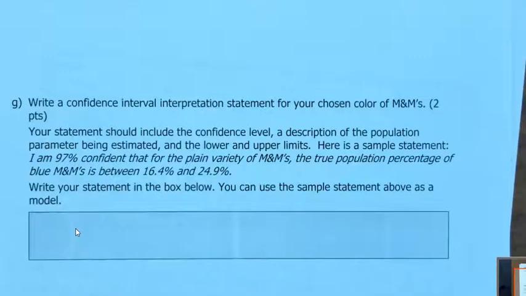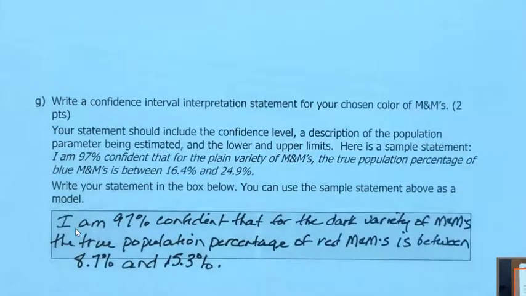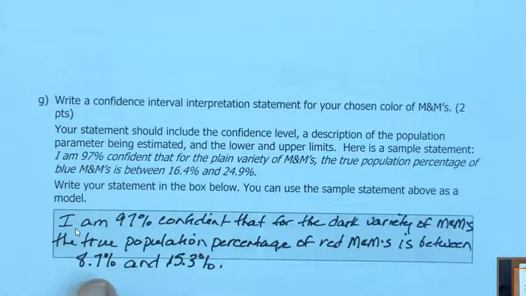This just says in a sentence what your confidence interval is, and it explains more about what the confidence interval is trying to estimate. So all this statement is doing is specifying the confidence level, the variety, and the color of M&Ms, and it's saying what the lower and upper limit of the confidence interval is that you found.